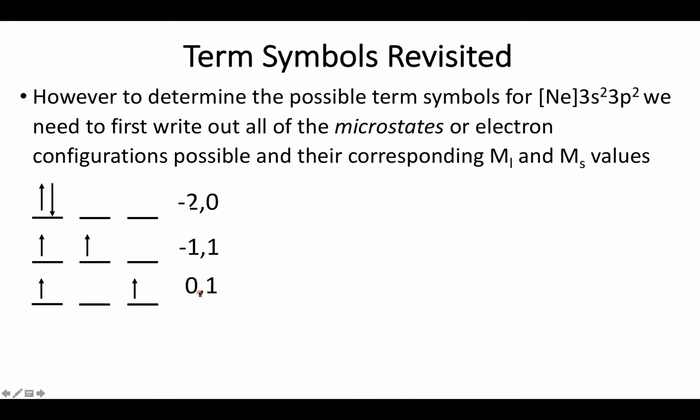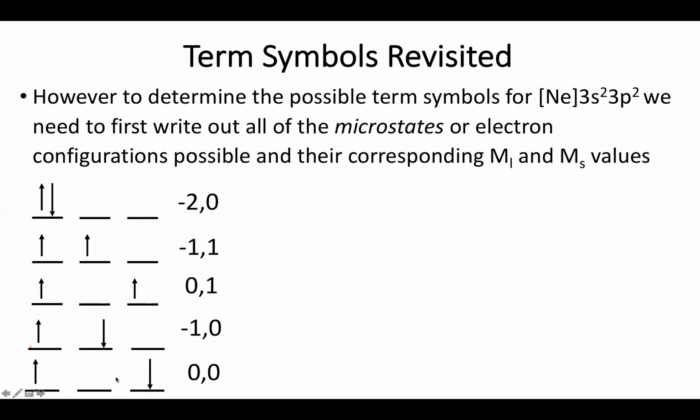Well, I need to continue my counting, so an easy thing I can do is go ahead and take these 2 electrons and then flip the direction, which will give me essentially 2 states with an m sub s of 0, and I haven't changed my m sub L at all. So now I've calculated a total of 5 possible microstates, but we've just started because I haven't had a single case where my first electron points down.